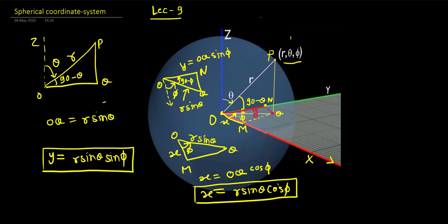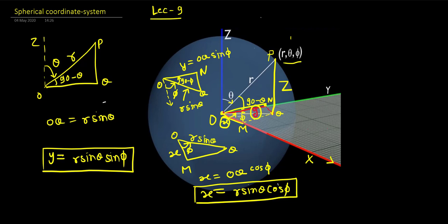Yes. Now let's try to calculate the z distance. What is the z distance for this point? So this would be our z distance. Yes, this is x, this is y, and this is z.